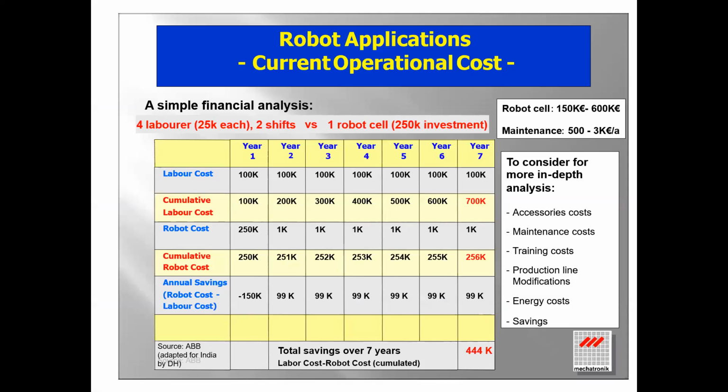They say you have savings of more than 400K after 7 years, and in the third year you start to make some money.